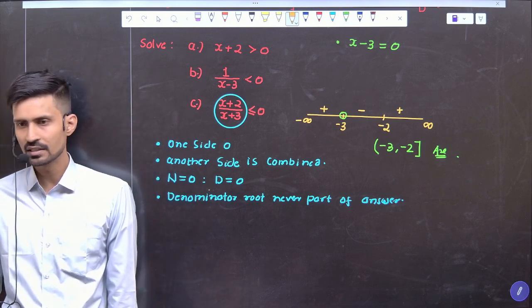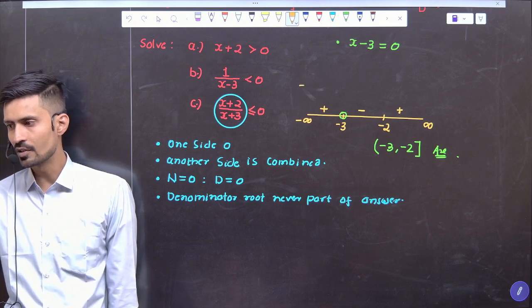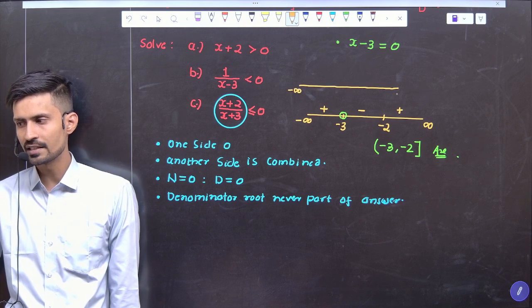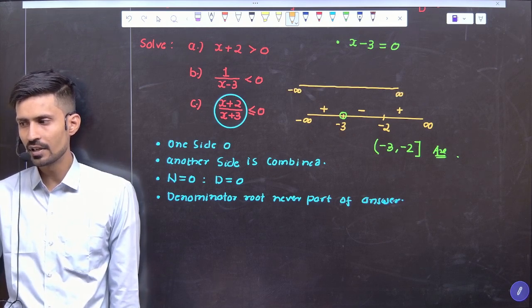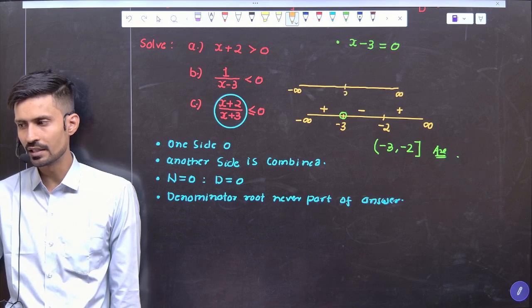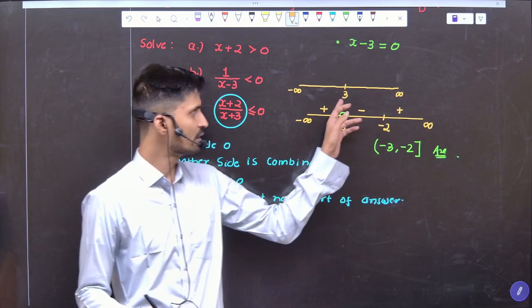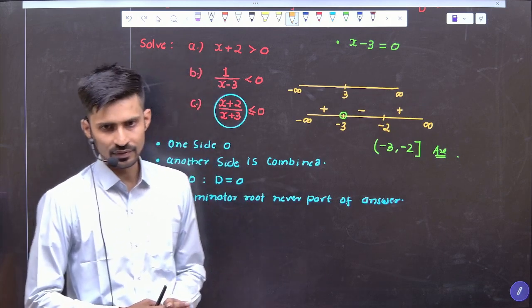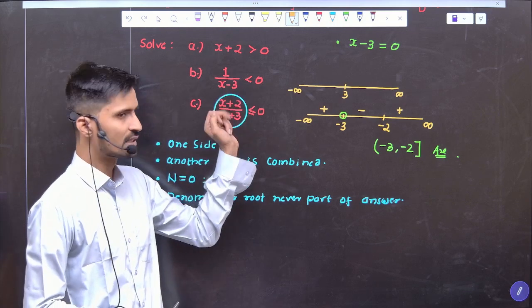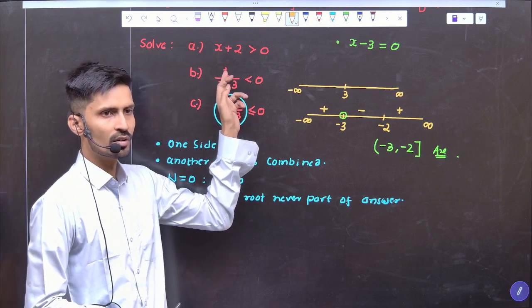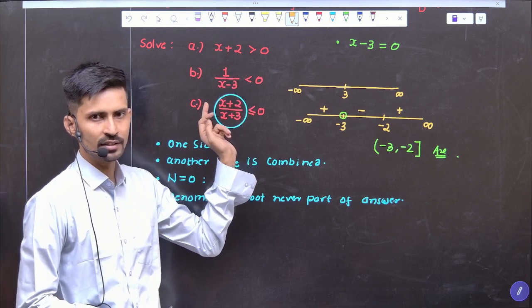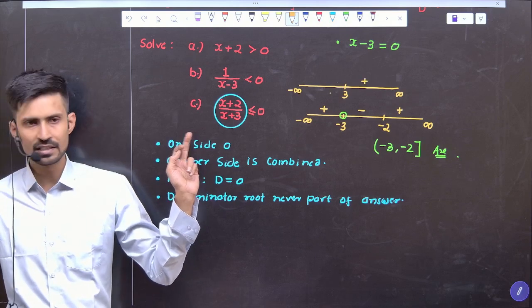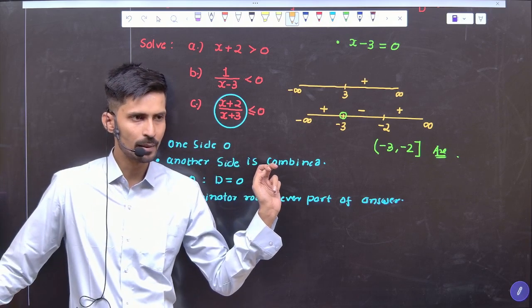We got this. Now after this, I will draw a number line. Solution is same as I told you, minus infinity, infinity. Here we have only one root. I will put plus 3 here. Now tell me any one number between 3 to infinity. 5. 5 minus 3, 1 by 2, positive or negative? Put that side positive. Minus infinity to 3. Tell me one number.